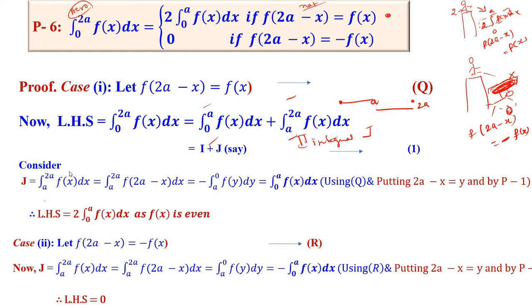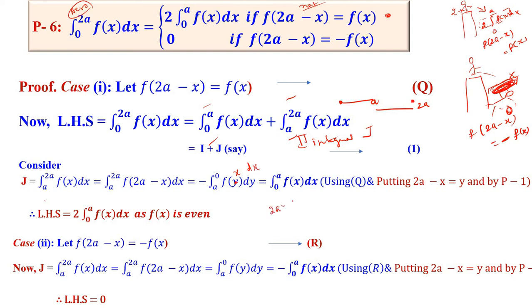In this integral a to 2a, f of x is replaced from here as f of 2a minus x.